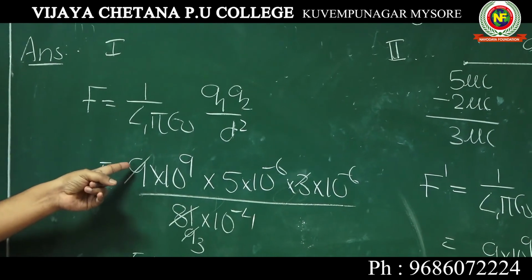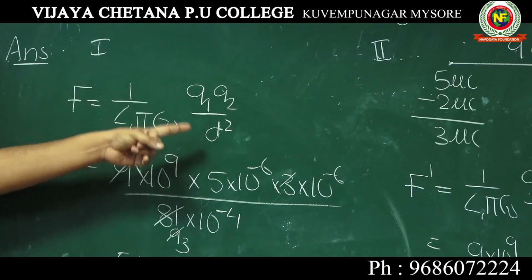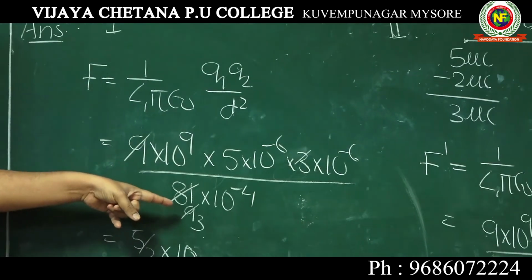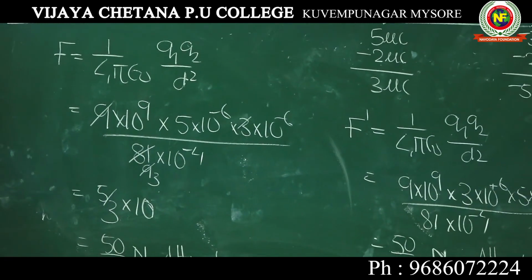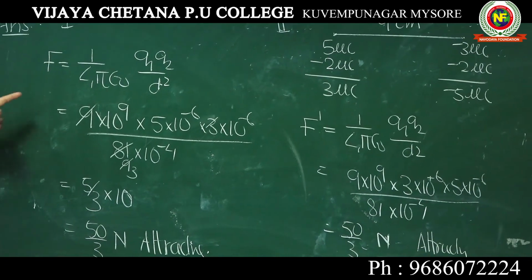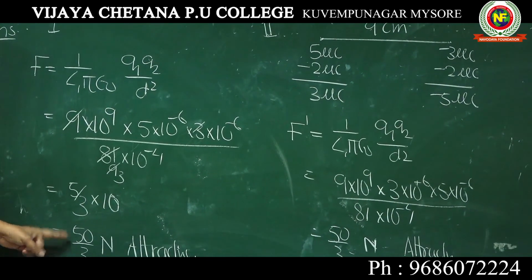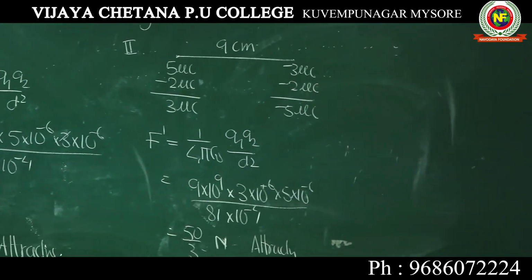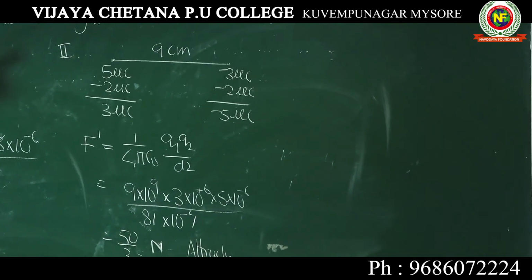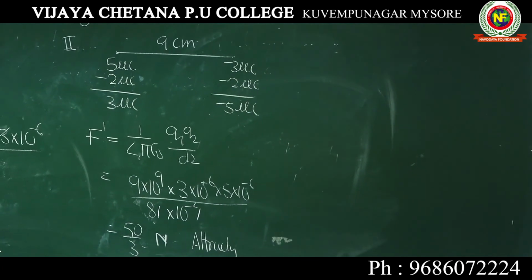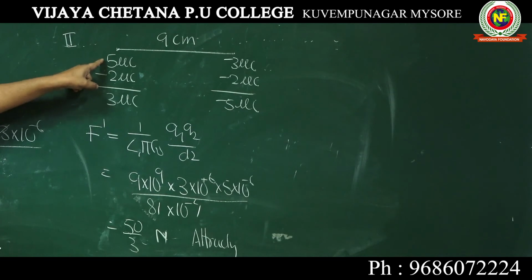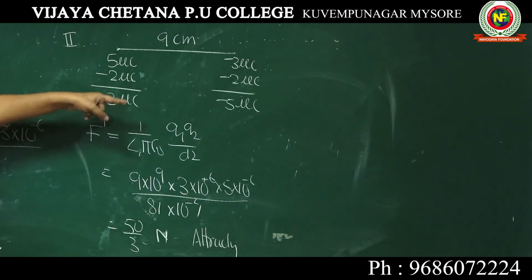1 by 4 pi epsilon naught means 9 into 10 power 9, Q1 Q2 are 5 into 10 power minus 6, 3 into 10 power minus 6, divided by distance square, which is 81 into 10 to the power of minus 4. On simplifying this further, you end up with 50 by 3 Newton. Now if you take up the second case, they are adding minus 2 microcoulomb to both the charges. So if you add minus 2 to 5, it becomes plus 3 microcoulomb.